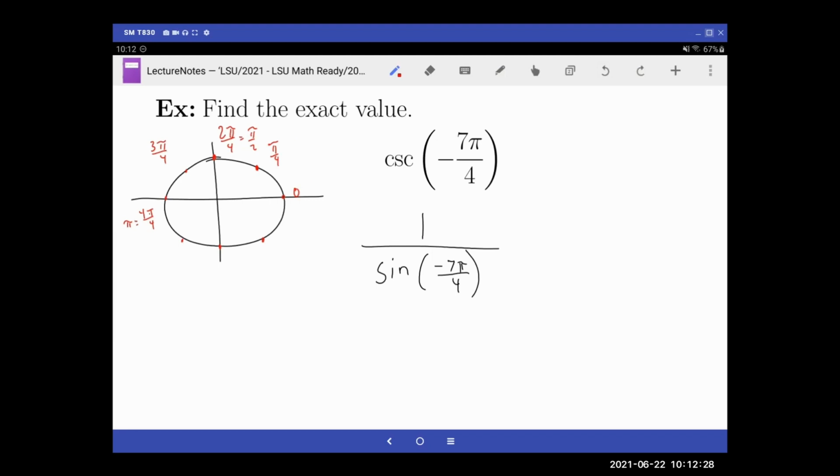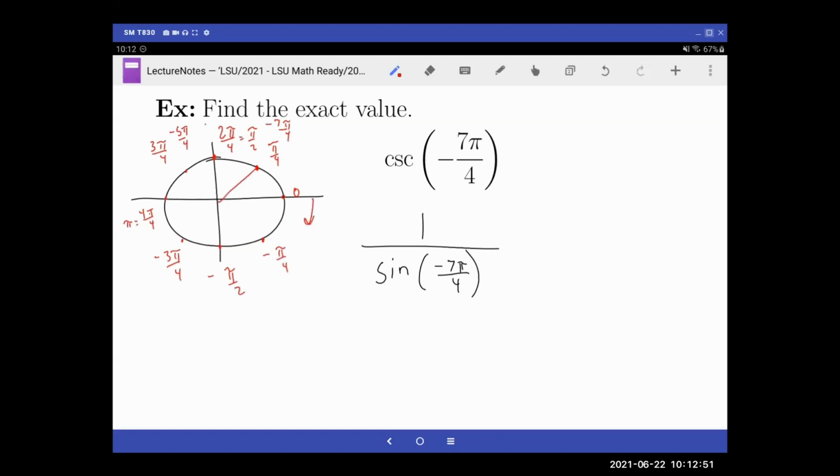If we go clockwise, we get the negative. So going this way, that's negative pi over 4, negative 2 pi over 4 or negative pi over 2, negative 3 pi over 4, negative pi, negative 5 pi over 4, negative 6 pi over 4, negative 7 pi over 4. We're back to the first quadrant. So I just went in reverse. That's one way you can deal with it. That might be a little more challenging, but it's something you could do.